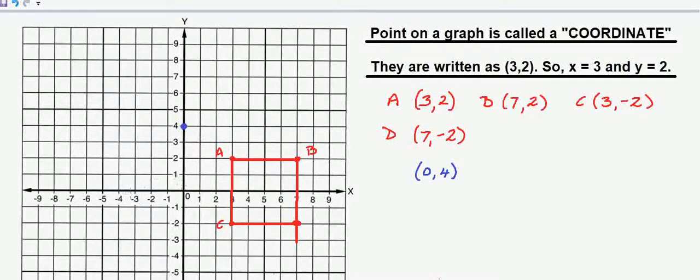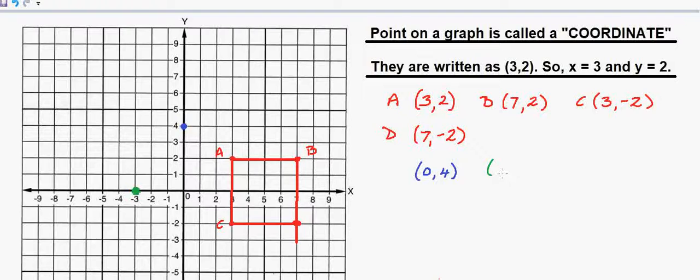So if I plot another point, let's choose another colour, and let's say it's here at -3 on the x-axis, and they say what's the coordinate for that. So we open up our bracket.